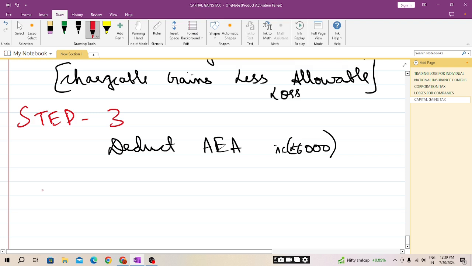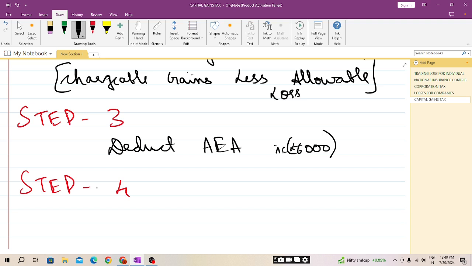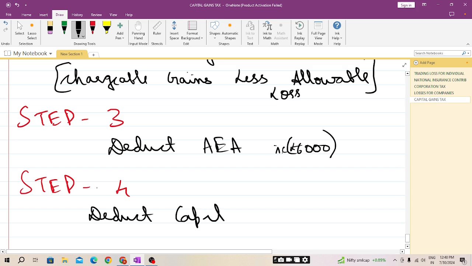Then step number 4, which we have already discussed, was to deduct the capital loss brought forward.